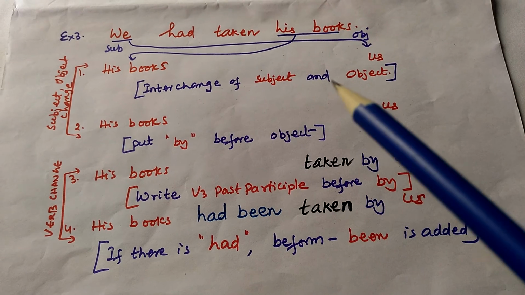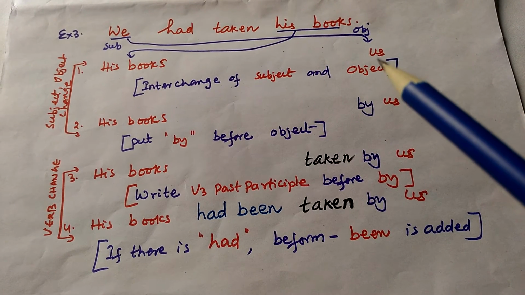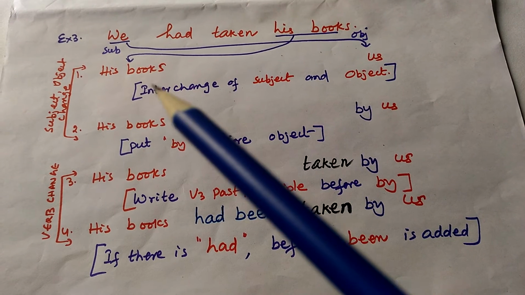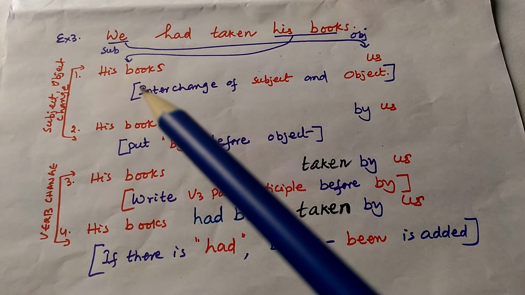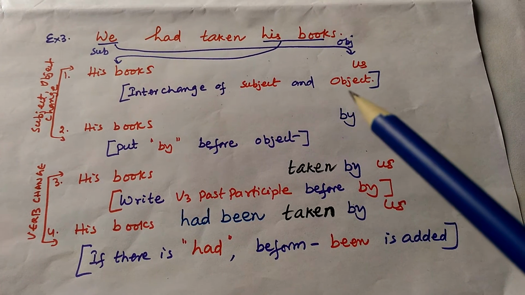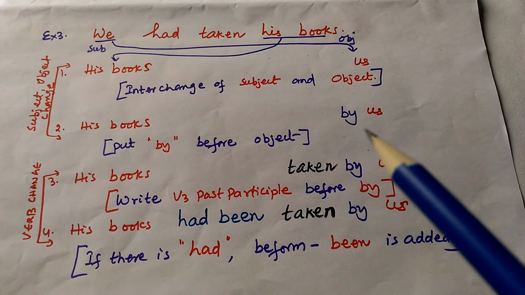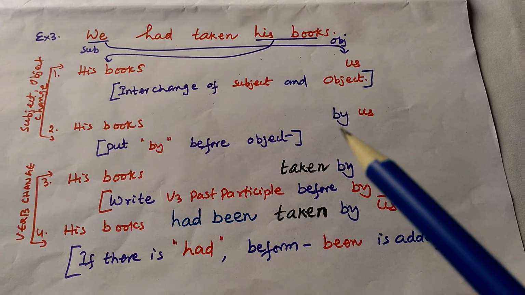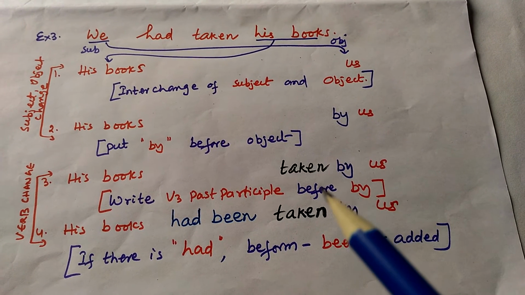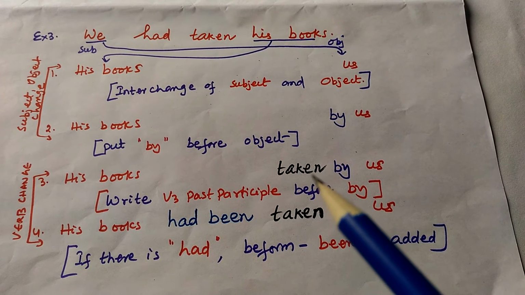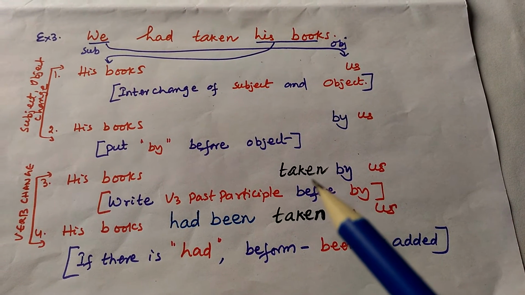Here we is brought here in the form of us, and his books is brought here. This is the first change, that is, interchange of subject and object. And next, before the object we have to write by. So by is written here. And next, before by we have to write the verb 3 form. So taken is written here.